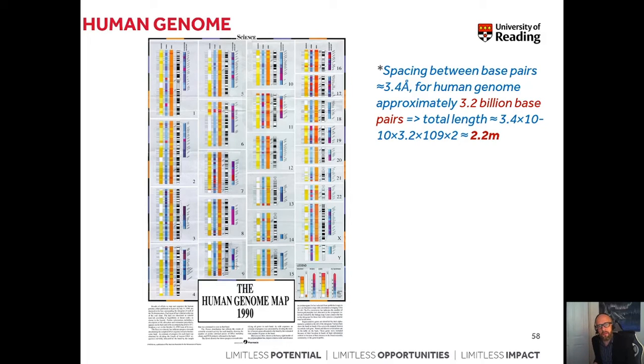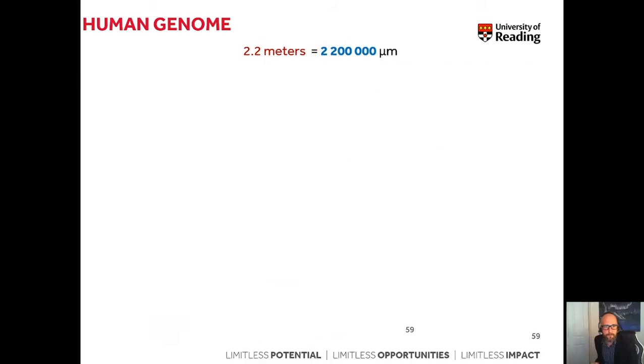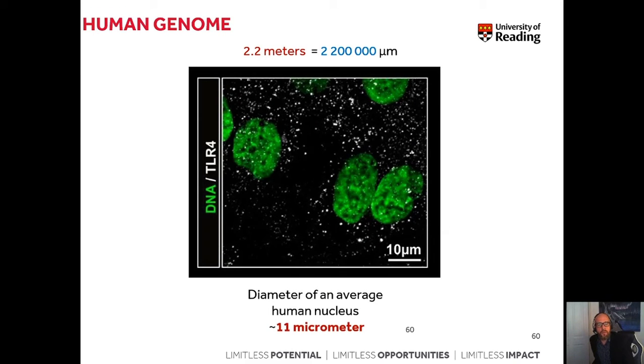So the total length of the human genome, including coding and non-coding sequences, is roundabout 2.2 meters for every single cell in our body. So 2.2 meters corresponds to quite a lot of micrometers. However, the human nucleus is pretty small, with merely 11 micrometers on average.